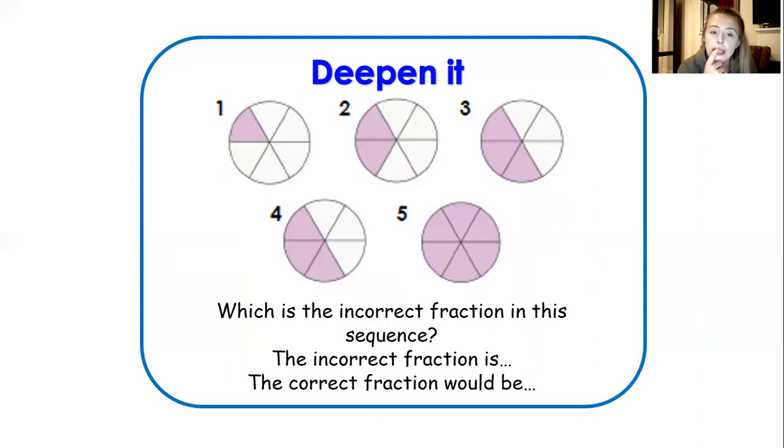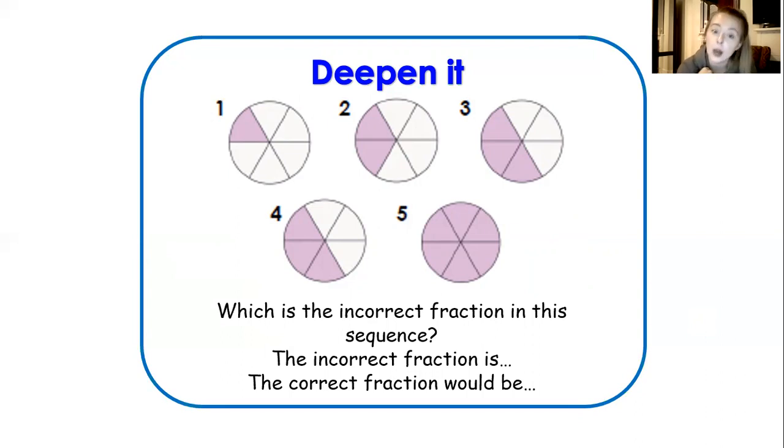And then you'll deepen it. So you have got 5 different fractions here, but you haven't got the written fractions, you've only got the representations. So what I suggest is possibly write what the written fraction is next to these to help you work it out. So which is the incorrect fraction in this sequence? Apparently one of these fractions does not match the sequence.